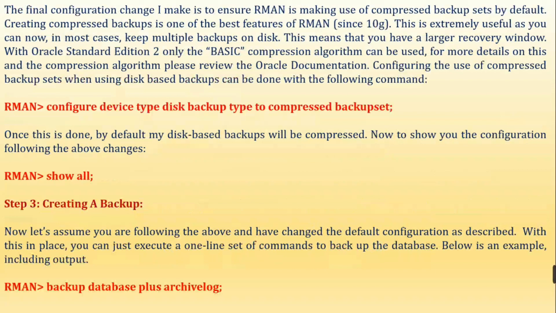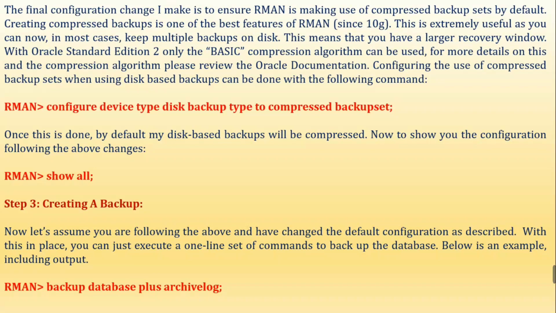Next, the final configuration change I make is to ensure RMAN is making use of compressed backup sets by default. Choosing compressed backups is one of the best features of RMAN since Oracle version 10g onwards. This is extremely useful as you can now in most cases keep multiple backups on disk.